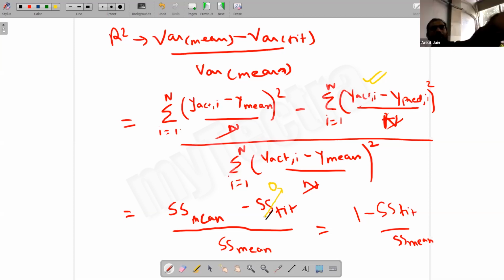So when I say out of these two models, which is the better model, what I will compare, essentially, if you see, SS mean will always remain the same. If I am comparing two different models from the same data set, one model is ML1 and the other model is ML2, okay? Why different models? Say someone has done a different kind of outlier processing. Are you all able to understand my language?